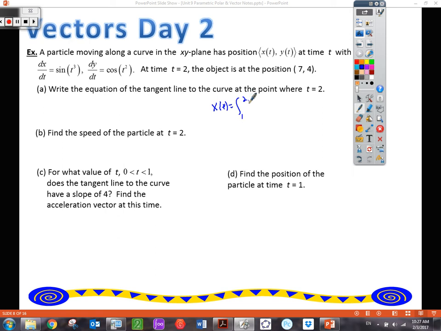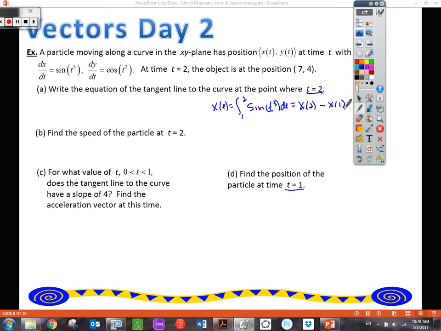Okay, why do I choose 1 and 2? I choose 1 because that's what I want, and I choose 2 because that's what I have. One of them that I want, one of them that I have. Hopefully this is kind of ringing a bell. We've done this before. And then we need to put sine of t cubed dt equals x of 2 minus x of 1.